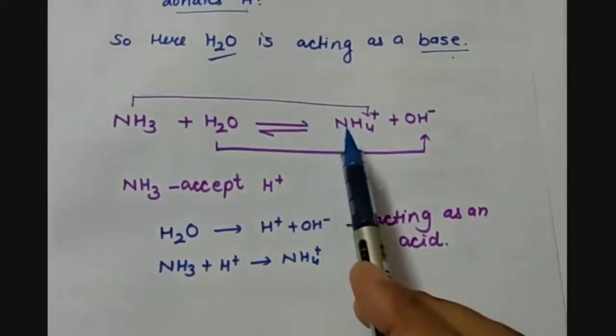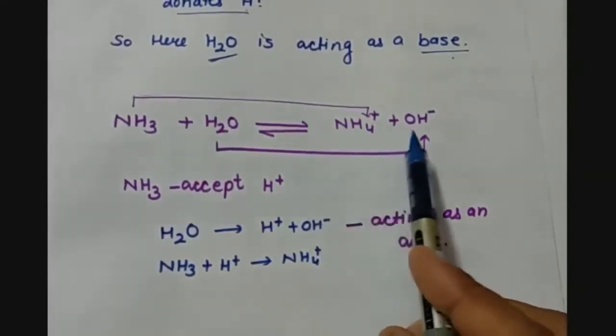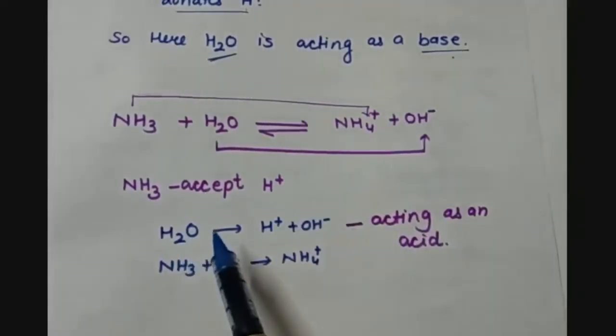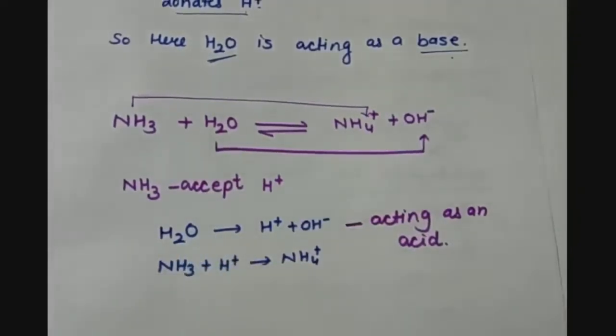So that is why we are getting here NH4 plus and OH negative. So H2O is donating a proton here, so it is acting as an acid. So water is an example of a substance which can behave as acid and base in different solvents.